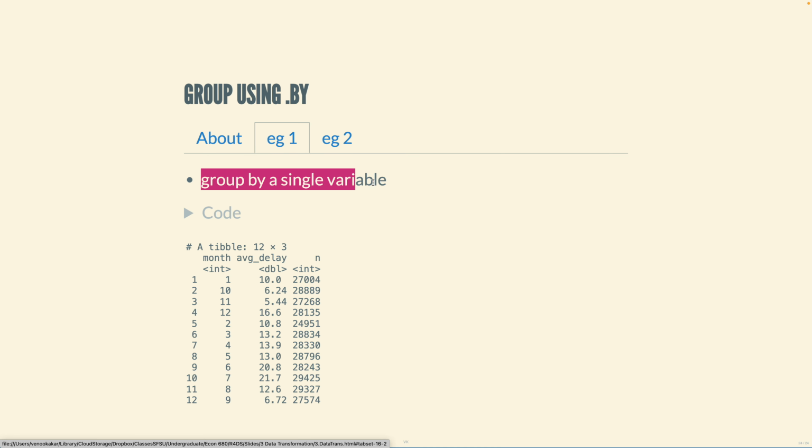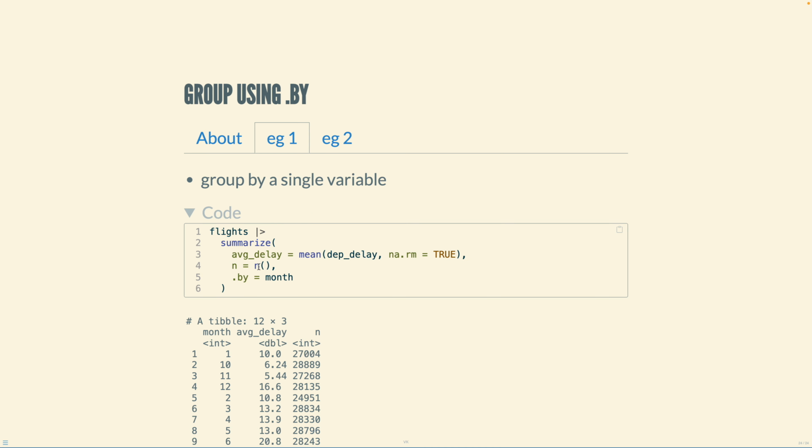So let's say we still want to group by a single variable. So instead of doing group underscore by month, we can take flights and we can start summarizing it, and then later on we can say this is by month, okay? This is going to be pretty much the same as what we were doing before, just that the style or syntax is a little bit different, okay?